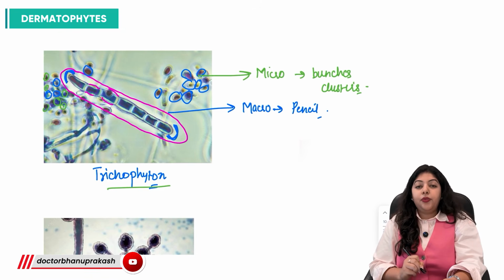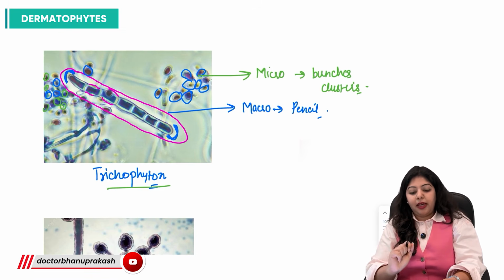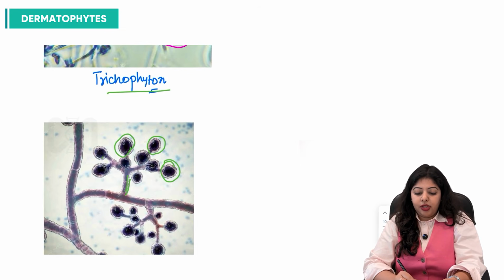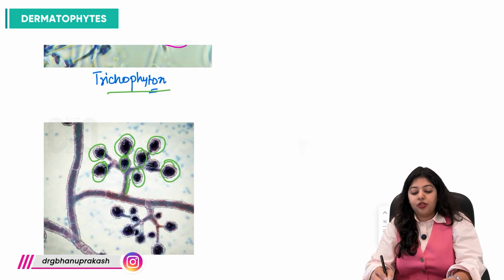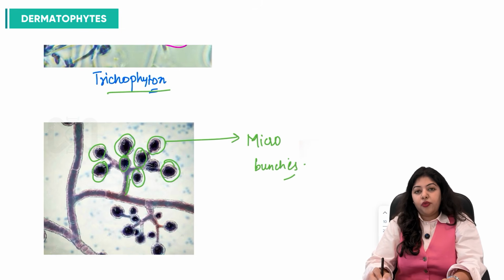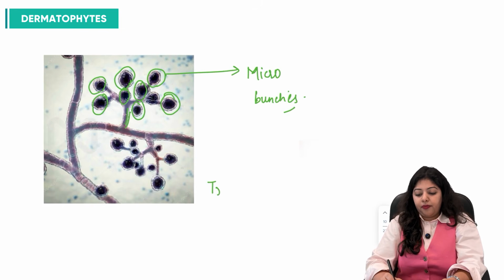So these are Trichophyton macro as well as microconidia. This is an enlarged image of the microconidia, right? So can we see these small spherical structures, round structures? These are nothing but the microconidia which are present as bunches. This is also an image for Trichophyton, right?